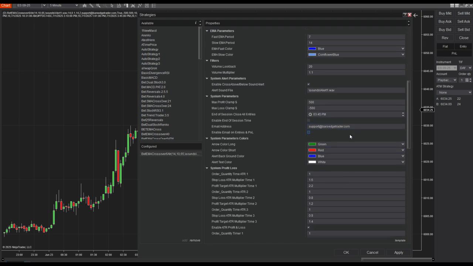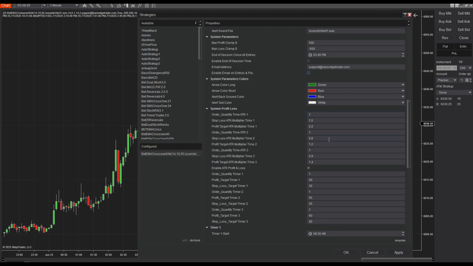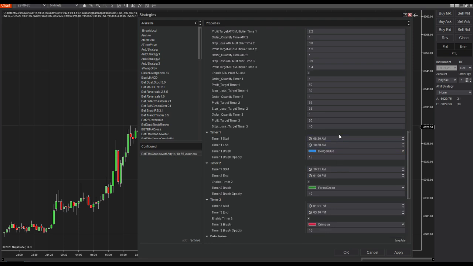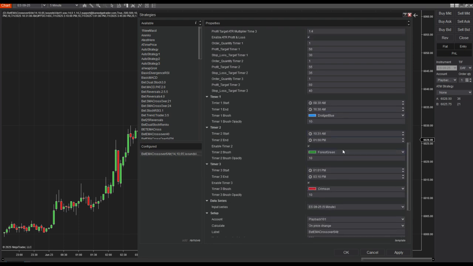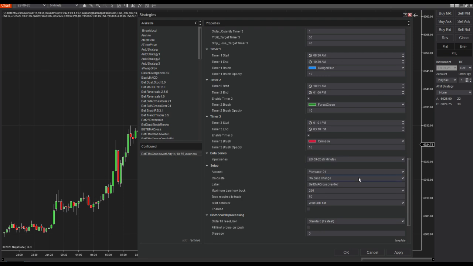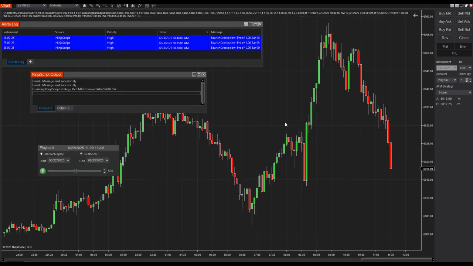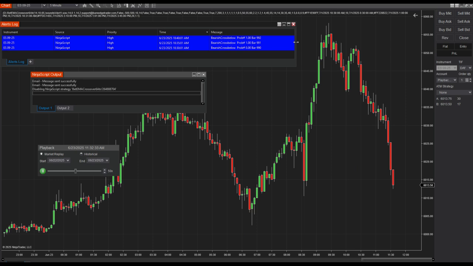Obviously we change the clamps, and we change the timer settings for ATR, and we change the times. Really, it's the only things that we would actually want to change. So this is just a quick review, and again, thank you.